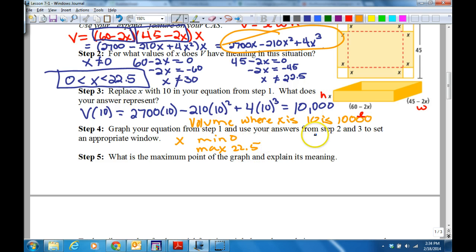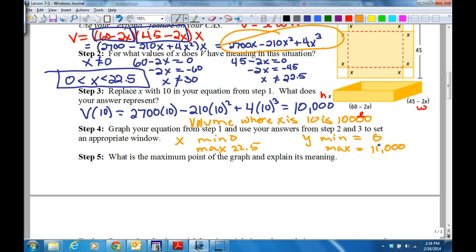Now here's why we use 10, you guys. What is our y minimum? Can we have a negative volume? No, so it's going to be 0. What is our y max going to be at least? 10,000. At least 10,000, so pick maybe a little bit over that. Let's say 11,000. That's why we did that.